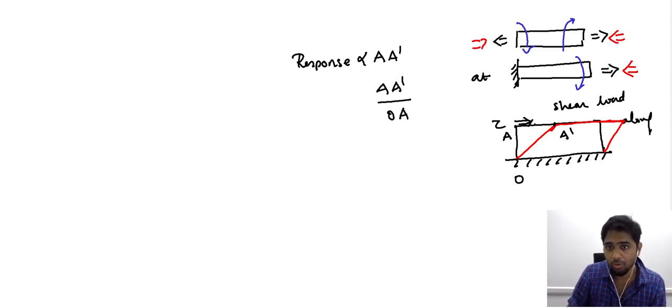It is the side OA that helps us notice the material has responded. Therefore we take the ratio of the shift in the corners, which is the characteristic response that the material offers to shear loading, and we normalize it with respect to the original length of the side, which has now distorted in response to shear loading. This is what we refer to as the shear strain. This is represented by delta.